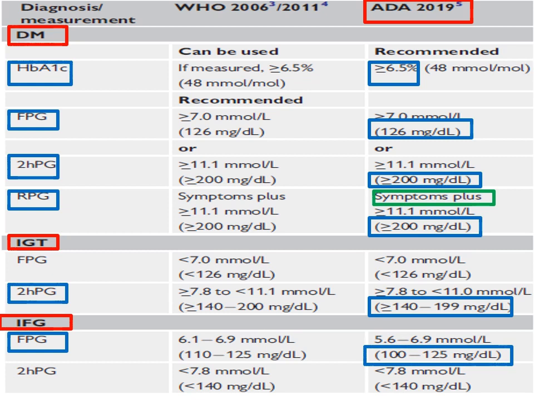To diagnose impaired glucose tolerance, we should ask for 2-hour postprandial blood glucose, and the cutoff value is 140 to 199 mg per deciliter. To diagnose impaired fasting glucose, we should ask for fasting blood glucose and the cutoff value ranges between 100 to 125 mg per deciliter.